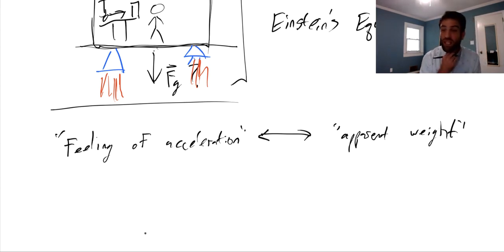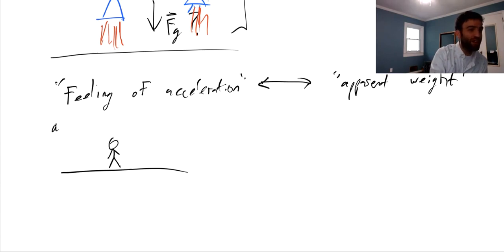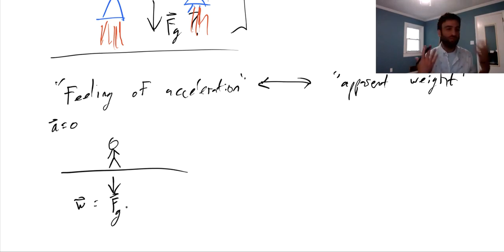So for instance, if we're just standing motionless on the ground and we're not accelerating at all, our apparent weight is just equal to our actual weight. So motionless on the ground, if the acceleration is 0, then our apparent weight is just equal to the normal weight, the force of gravity, mass times the acceleration due to gravity.